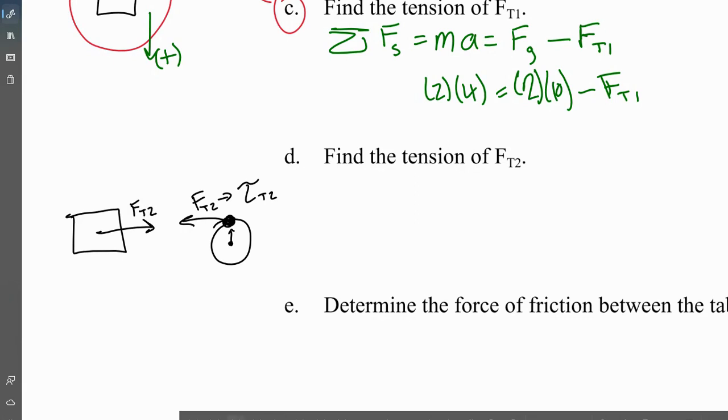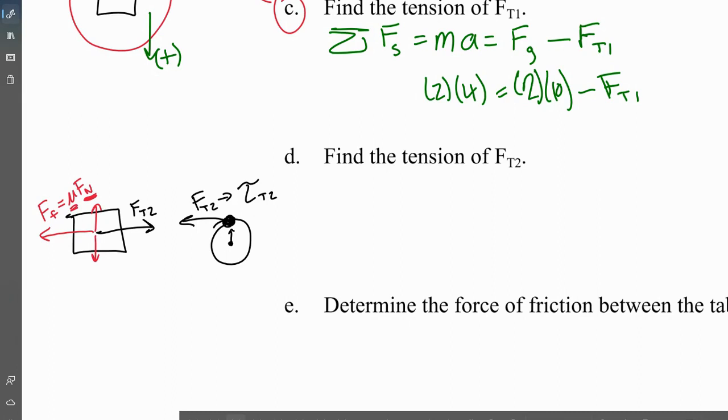The problem is we don't know anything about the other part of this block. We don't know friction, right? Because friction, mu Fn, well, we know Fn, right? Because this is sitting on a table, so normal force must be equal to gravity, but we don't know mu, right?